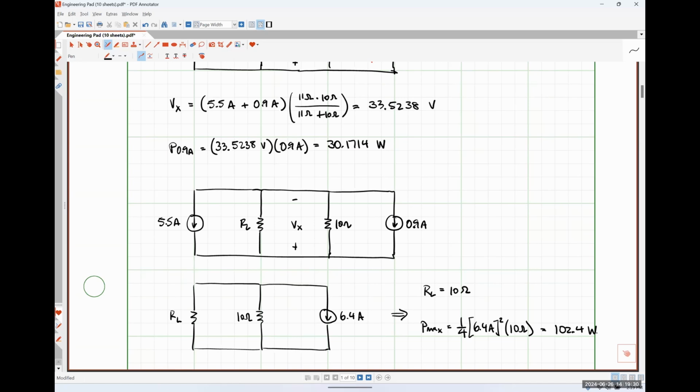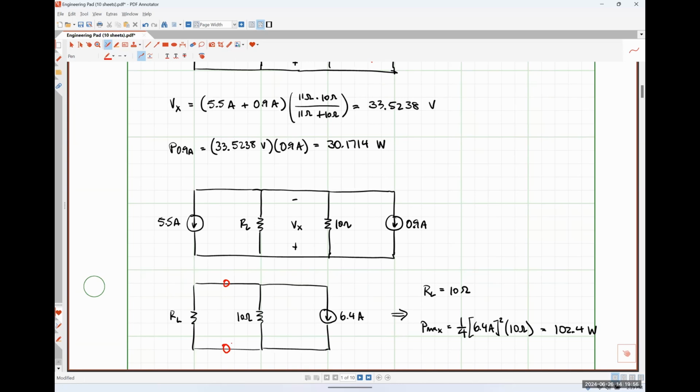Dr. Hardman, I had a quick question. I'm just trying to understand why RL is equal to 10. Let me put some terminals here really quickly. Everything to the right-hand side of this set of terminals is a practical current source.